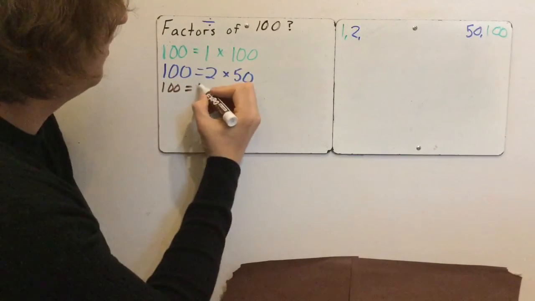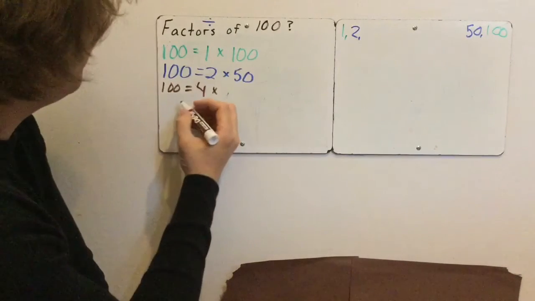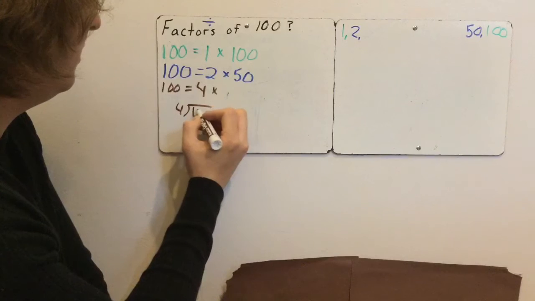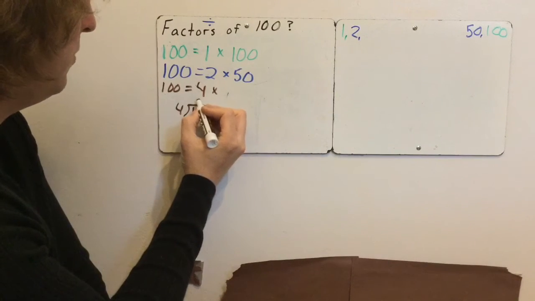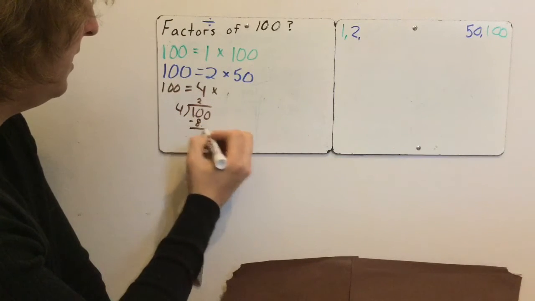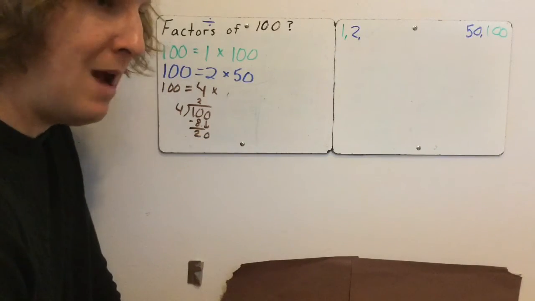Let's try 4. All right. Does 4 go into 100? Well, we know that the first 2 digits here, 4 does go into 10 twice. And that is 4 times 2 is 8, and we've got 2 left over. Does 4 go into 20? You know your math facts.